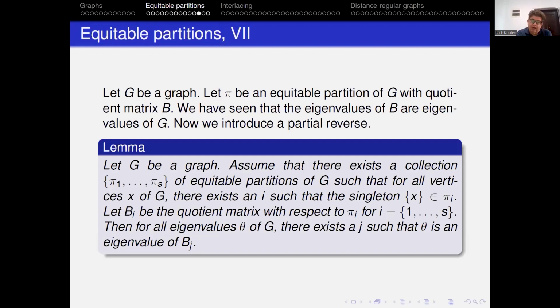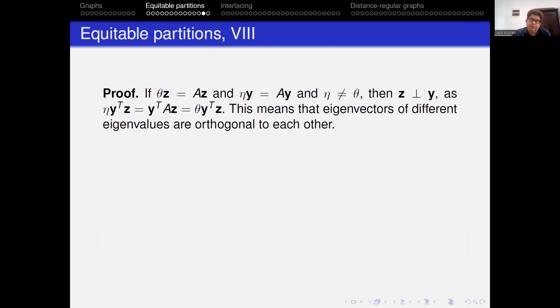Then for all eigenvalues theta of T there exists j such that theta is an eigenvalue of B_j. We get this because eigenvectors from different eigenvalues are orthogonal to each other, yes?